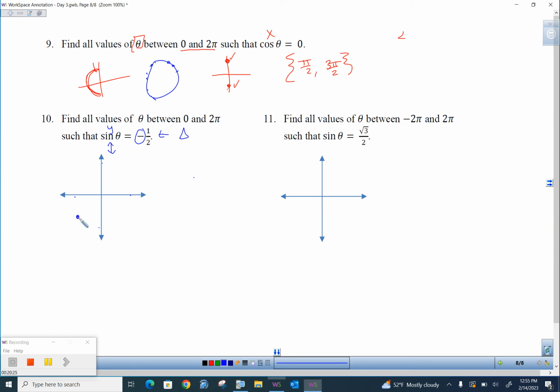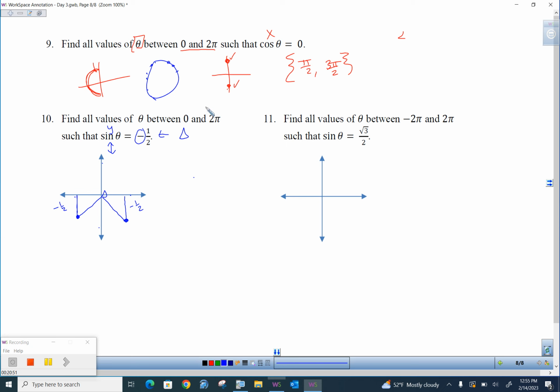Negative would be down here, then in quadrant 3, and then down here in quadrant 4. And it doesn't really matter where you put them as long as they're around the same height, because that's the goal. We want this y value of the coordinate to be negative 1/2. And this y value of the coordinate to be the same negative 1/2. So visually, those numbers should check whether you're in the right place. And then you connect them to the origin, just like before. So there are 2 angles that get me to these 2 points, just like there were 2 angles that got me to those 2 points.